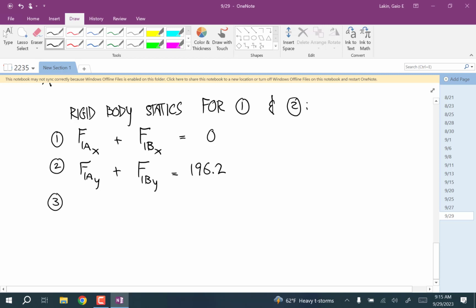And then the moment equation from this one said negative 0.5 F1BX plus 0.866 times the force on 1 by B, Y component, is equal to 84.95. So that's from body 1.